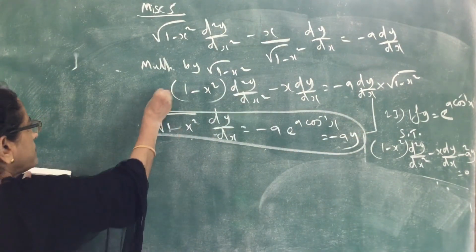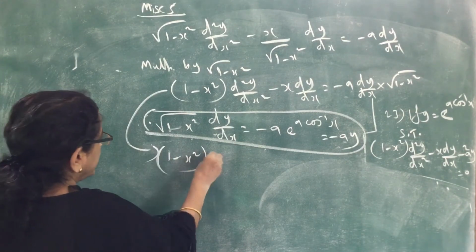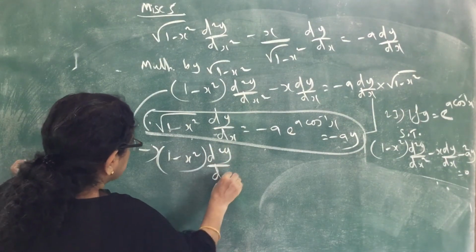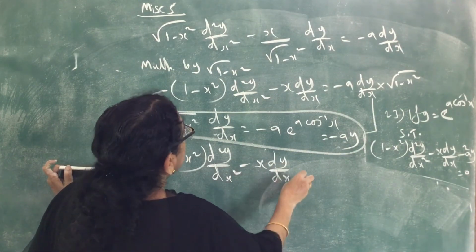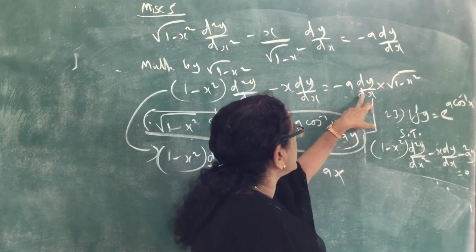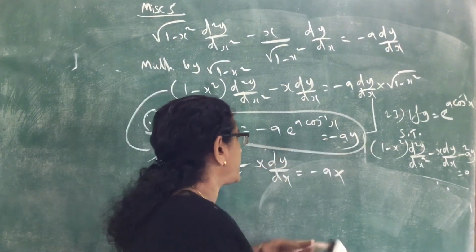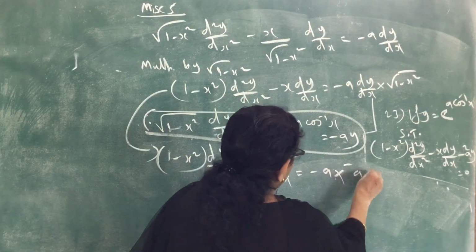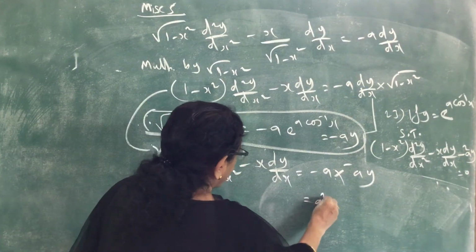So we get, therefore, 1 minus x square into d square y by dx square minus x dy by dx equal to minus a into, what is root of 1 minus x square into dy by dx? That is minus ay. So into minus ay, minus into minus is plus, that is equal to a square y.